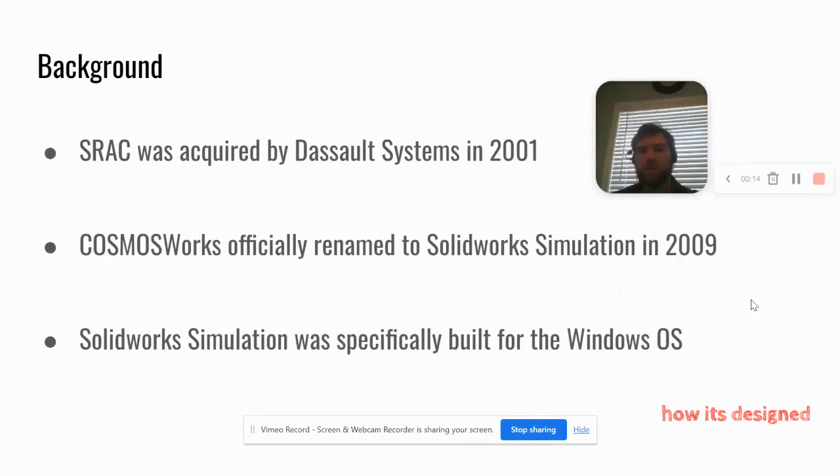So this software was propelled into the mainstream based on FEA. It was acquired by Dassault Systèmes, this company SRAC, who originally owned this simulation software. It was acquired by Dassault Systèmes in 2001, which we all know is a massive company at this point, a big conglomerate that owns several products, including SolidWorks.